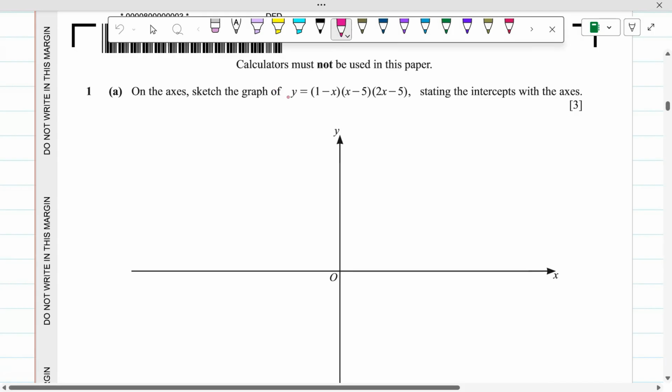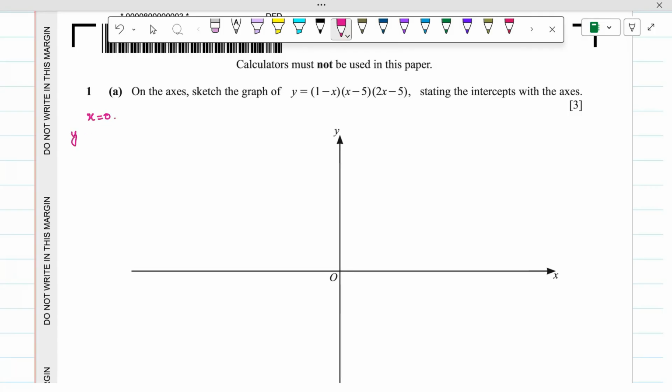On the axes, sketch y equals (1 minus x)(x minus 5)(2x minus 5), stating the intercepts with the axes. To find the y-intercept, first we plug in x equals 0.